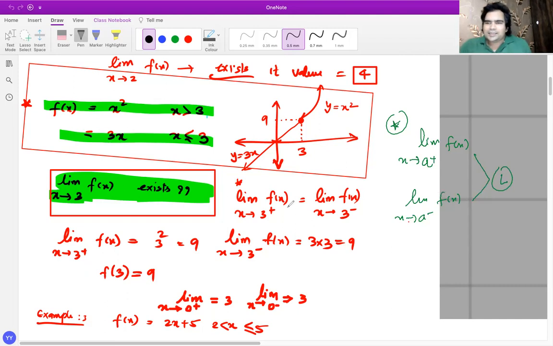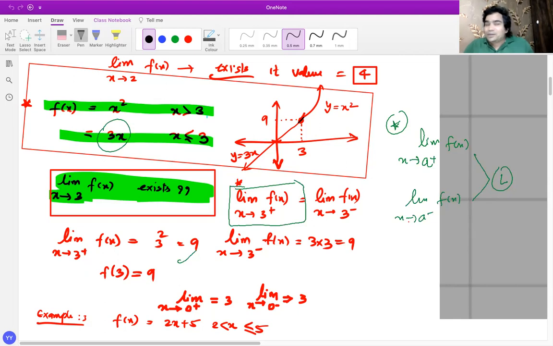Now, when you look at a simple evaluation of the limit here, if I want to evaluate the right hand limit, which is 3 positive, obviously I'm going to choose this function, because it is valid for slightly higher than 3. That's nothing but 9. When I look at the left hand limit, slightly lower than 3, obviously I'm going to use this function, which is nothing but 9 again.